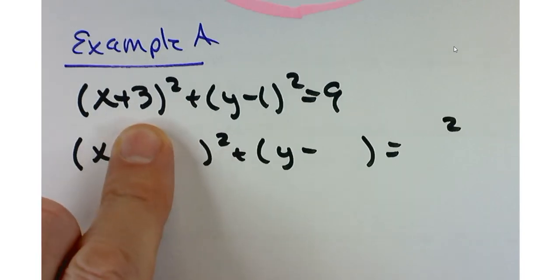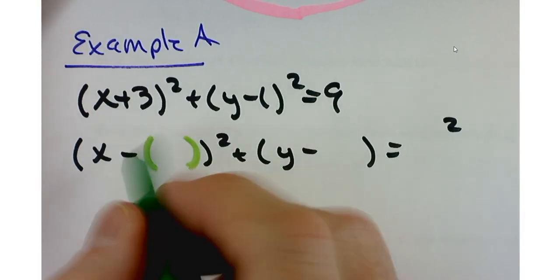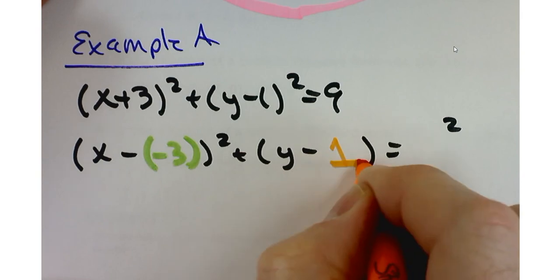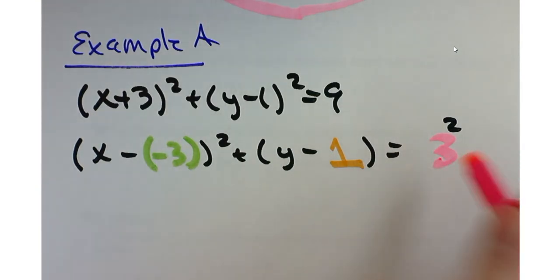Now, adding 3 is the same thing as subtracting what? Negative 3. And then the y that's already in the right spot, y minus 1. And then finally, the right-hand side is your 3 squared.